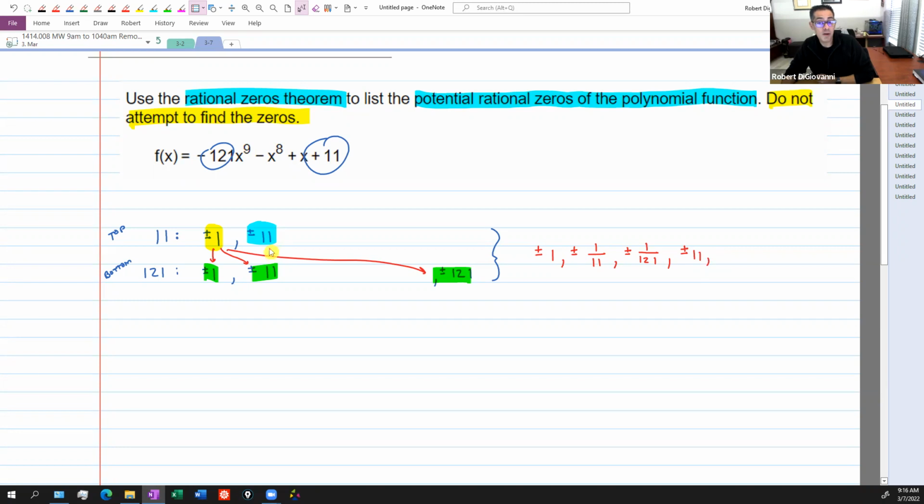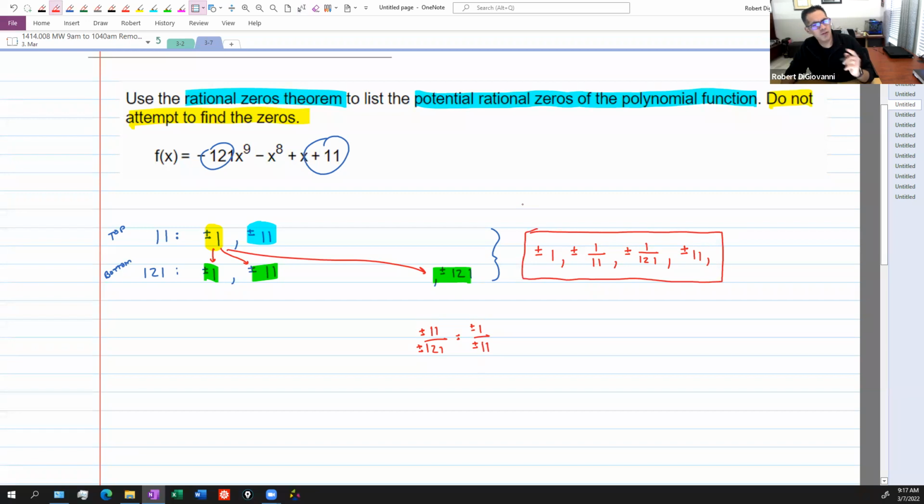When I do 11 over 11, I just get plus or minus 1, which I already have in my list, so I don't need to write it twice. And then when I do plus or minus 11 divided by plus or minus 121, that fraction reduces to plus or minus 1 over 11, which again, I already have in my list. So this is my final list right here.